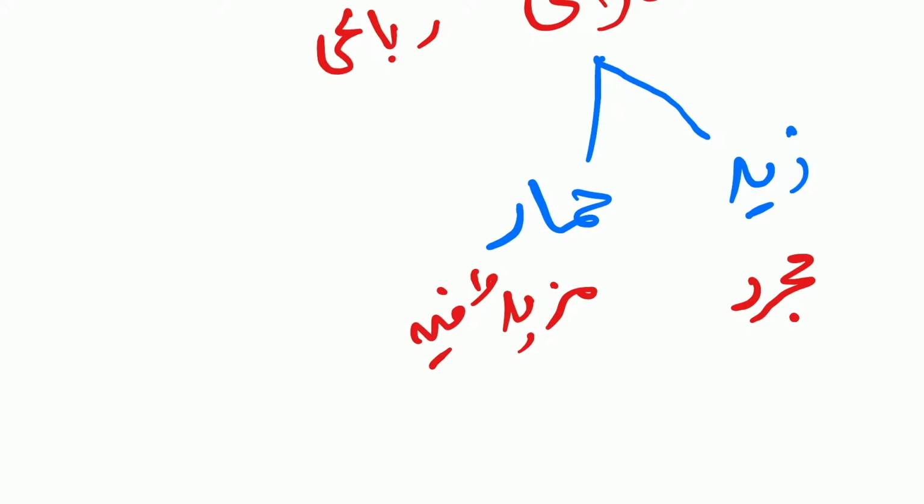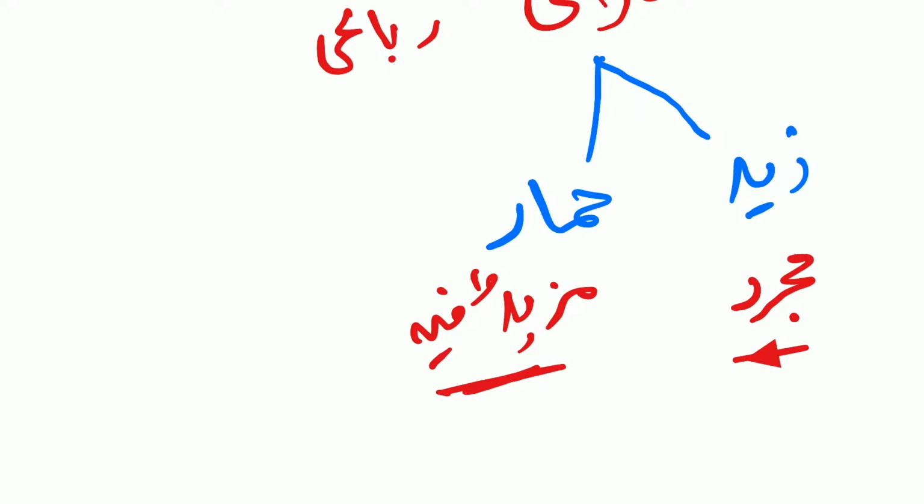What is thulathi? A noun which has 3 letters. Speak loud. Okay. Then that thulathi we further classified into 2: thulathi mujarrad, and thulathi mazidun fih. Thulathi mujarrad is the one where all its letters are huruf asliya, and we can put it with the fa, ain and lam, no problem.